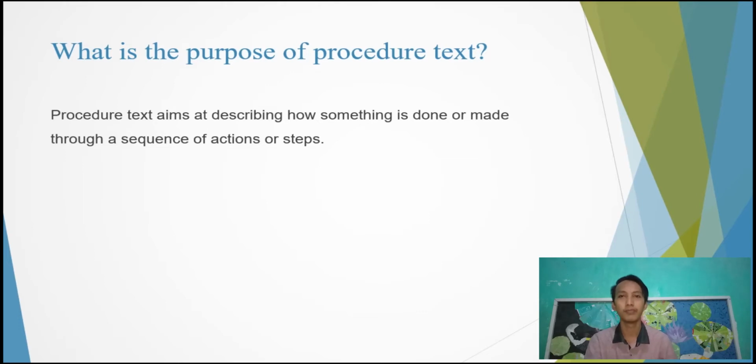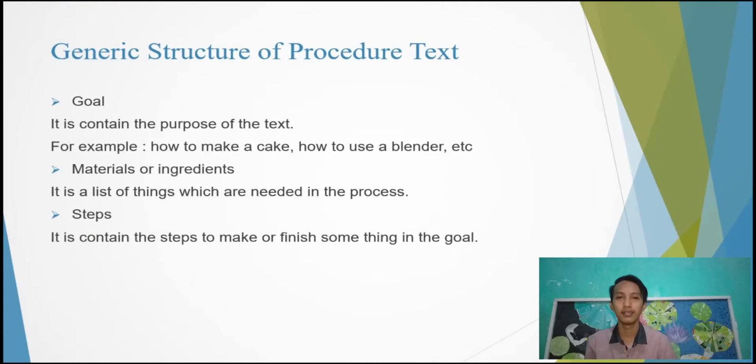And this is about purpose of procedure text. What is purpose of procedure text? Procedure text aims at describing how something is done or made through a sequence of action or step. Next, this is our general structure of procedure text.